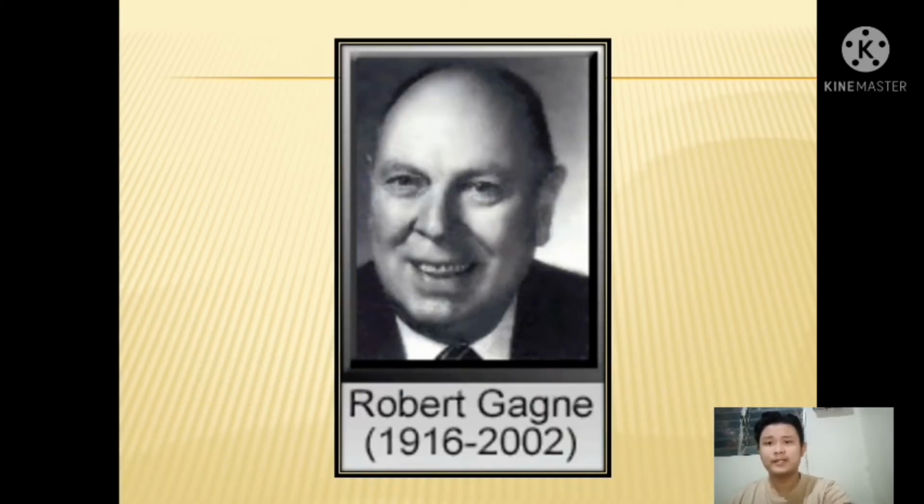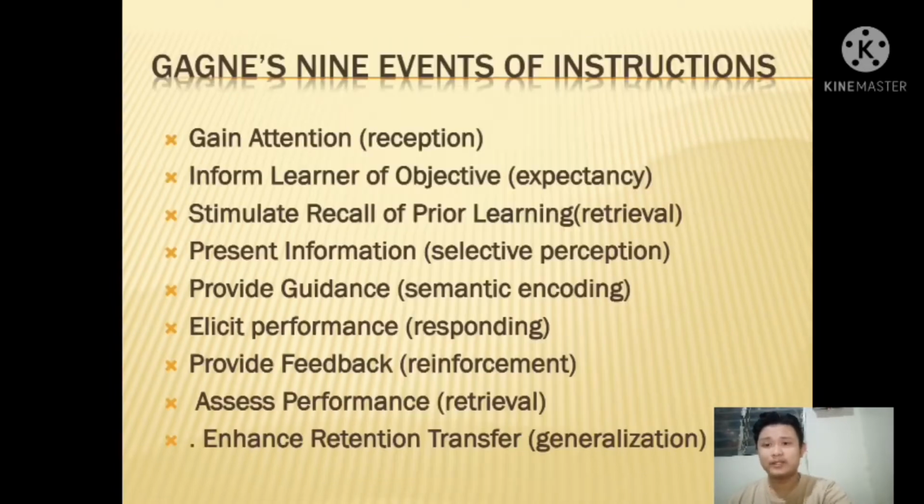Robert Gagne was an educational psychologist best known for his conditions of learning, and this 9 events of instruction Gagne created has been widely used in the educative process. This instructional model focuses on providing teachers an organized process, efficiently designed to help maintain efficiency in the teaching-learning process.